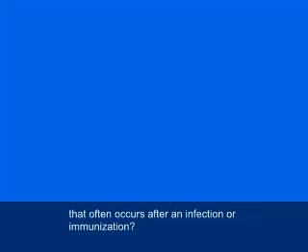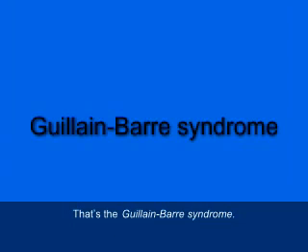And finally, what is the term for the inflammation of the myelin sheath of the peripheral nerves that often occurs after an infection or immunization? Well, that's the Guillain-Barré syndrome.